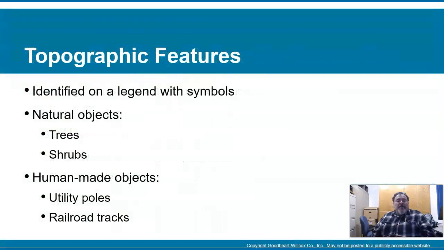So topographic features. When we see a map with topographic lines, they'll be identified on a legend with symbols. Natural objects would be like trees and shrubs; human-made objects could be like utility poles, railroad tracks, fire hydrants, parking spaces.